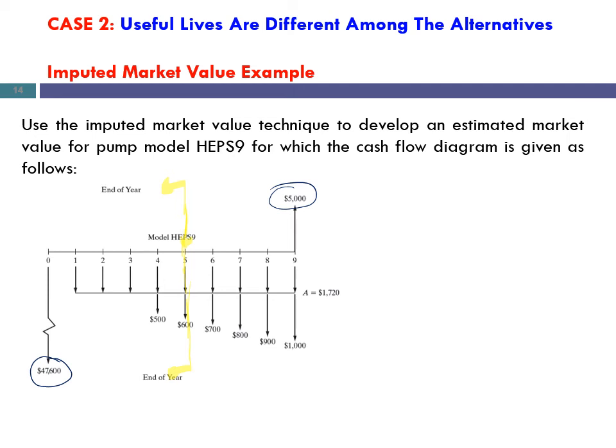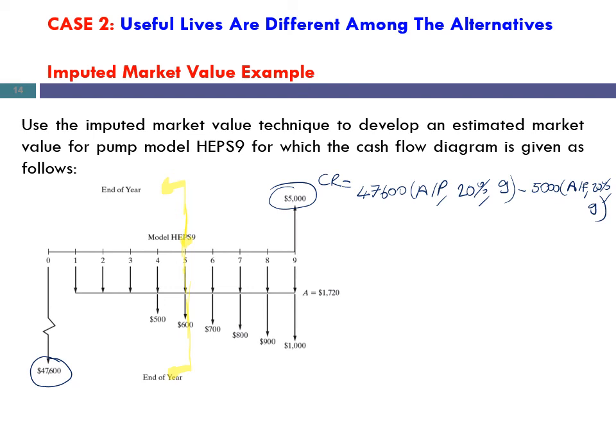So the capital recovery will be this initial investment multiplied by A given P. For this example, the MAR is given as 20%, and the total number of periods is 9. And from this one, I will subtract the salvage value 5,000 times A given F, 20%, and again 9. So this is the capital recovery, and this is an annual amount for each year.